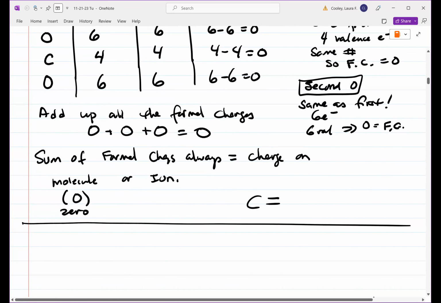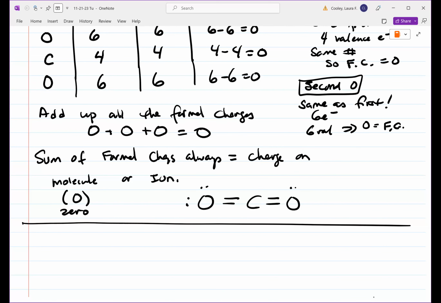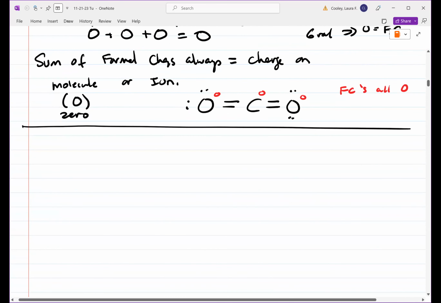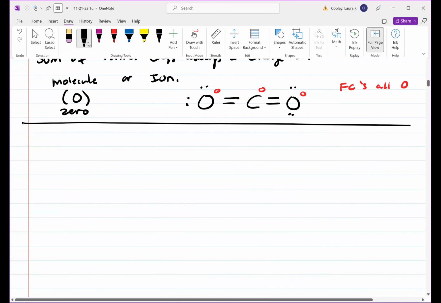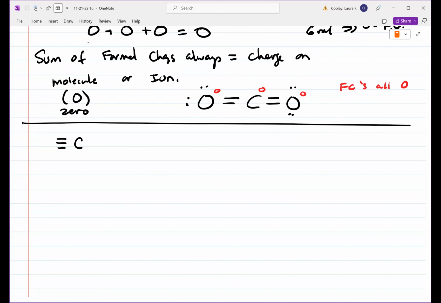If I summarize it here, I'll put the formal charges in red. We have basically 0, 0, and 0. Okay, let's do the other one. All right, so let's do the one that looks like this.